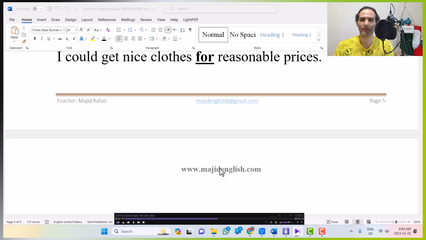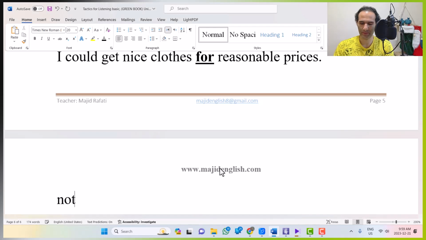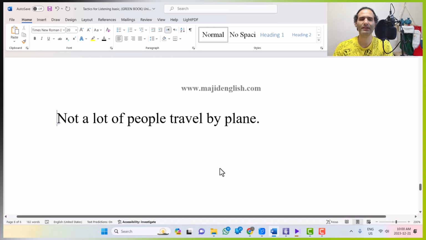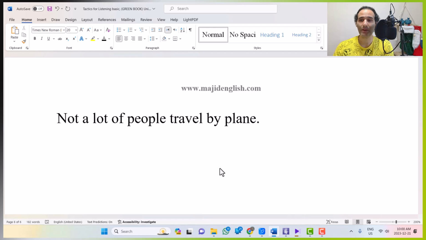4. In my country, not a lot of people travel by plane. What a beautiful sentence. But what is important here is not a lot of people, negating the subject, making the subject negative.